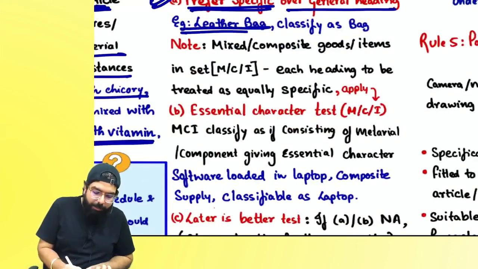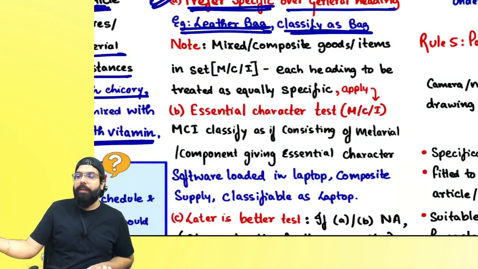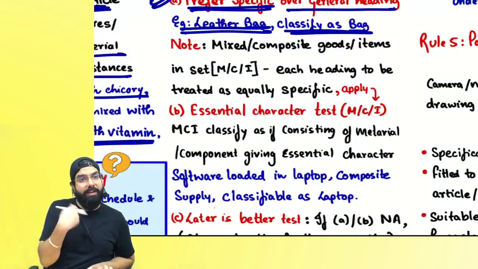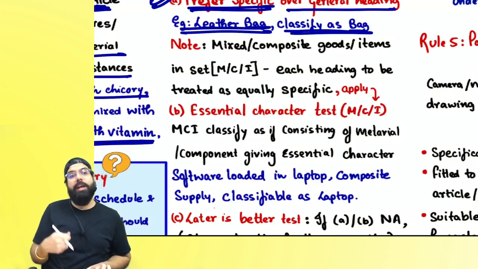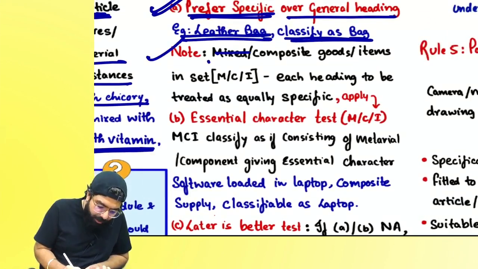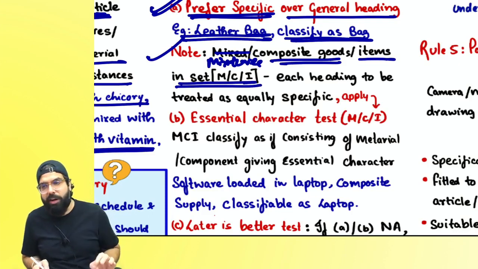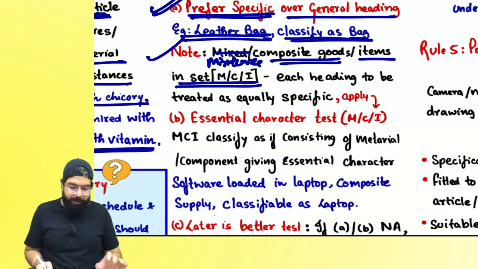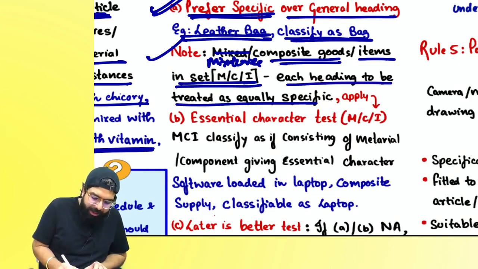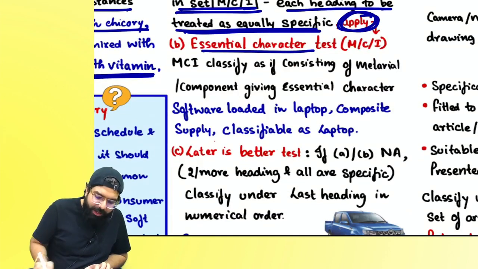For example, a leather bag is always classifiable as a bag and not as a leather item. If there is an electronic trimmer, it is to be classified as a trimmer and not as an electronic item. Always remember one thing, note: mixtures or composite goods or items in a set, each heading is to be treated as equally specific and you have to apply the essential character test.